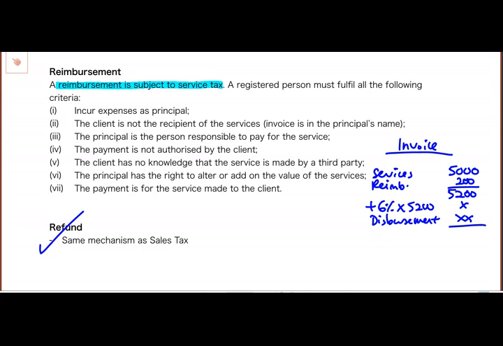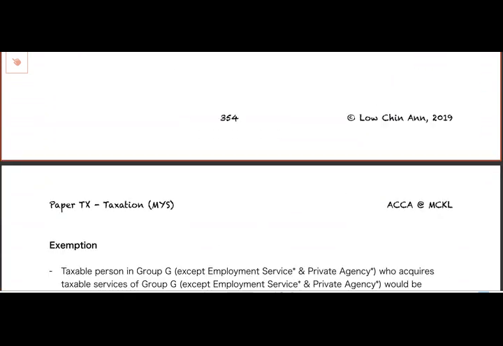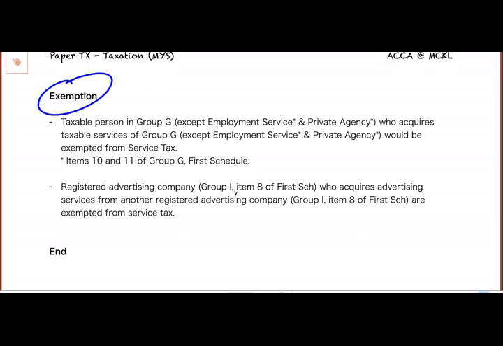Now, go to page 355. This is the exemption. Now, if you fall in Group G, which is the professional services, you realize that when a taxable person offers service to another taxable person, it will be exempted. Okay, example.